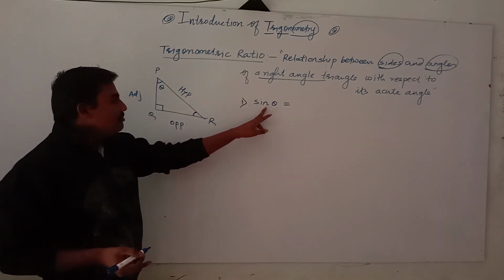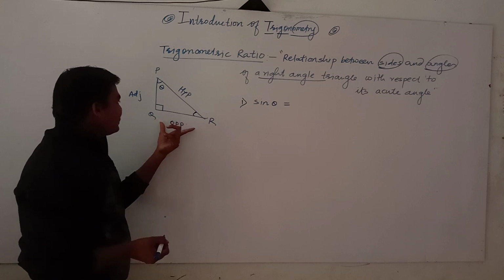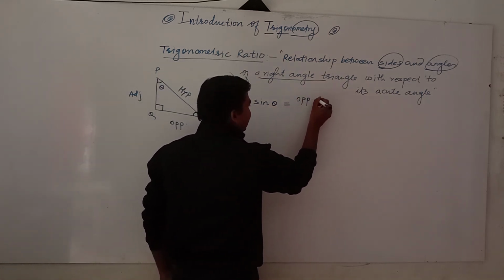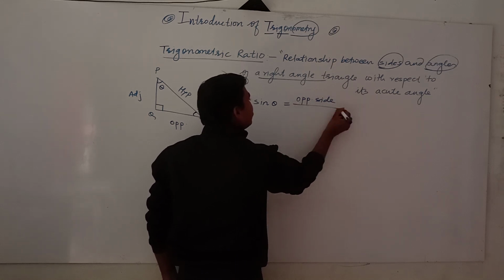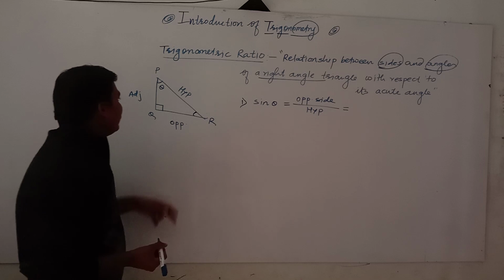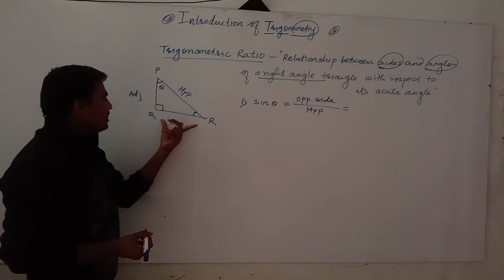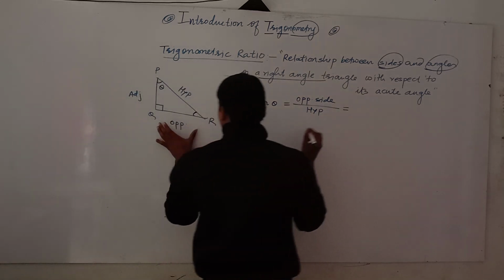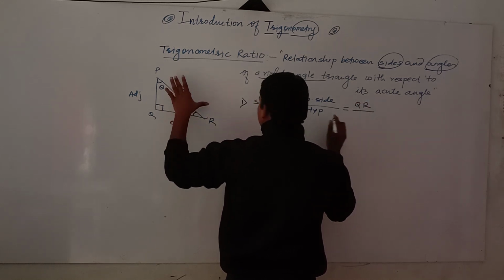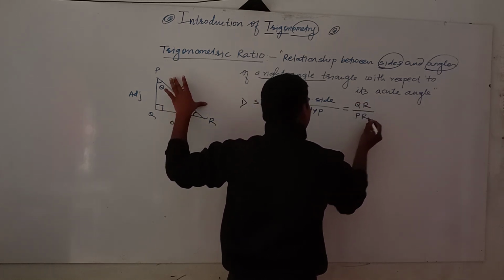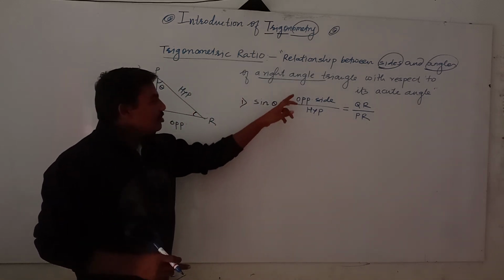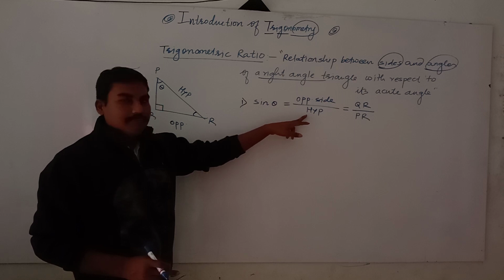Sine theta is the opposite side upon hypotenuse. The opposite side of theta is QR and the hypotenuse is PR. So the first trigonometric function is opposite side upon hypotenuse.